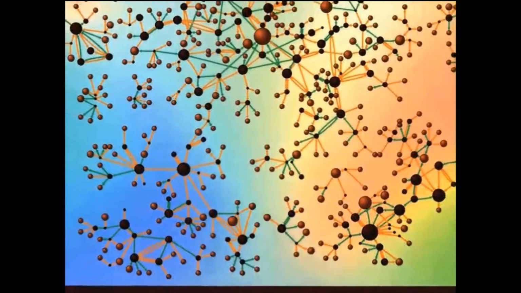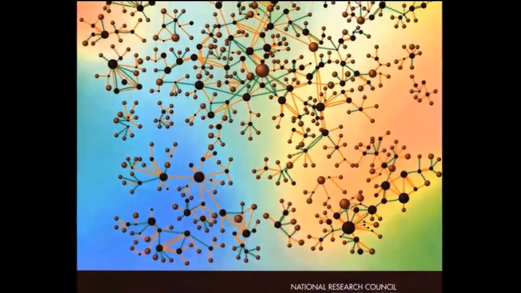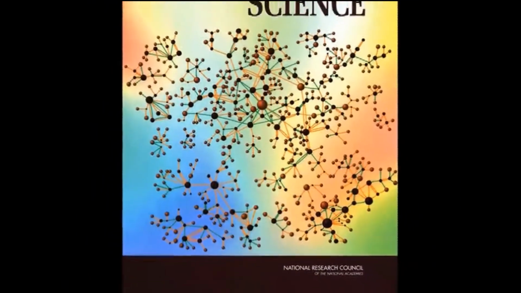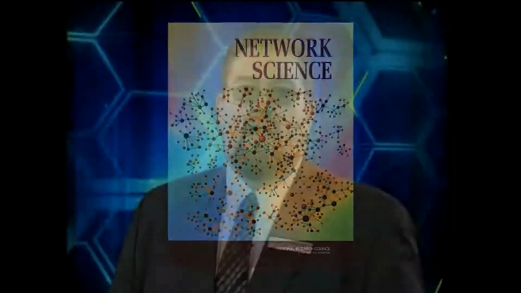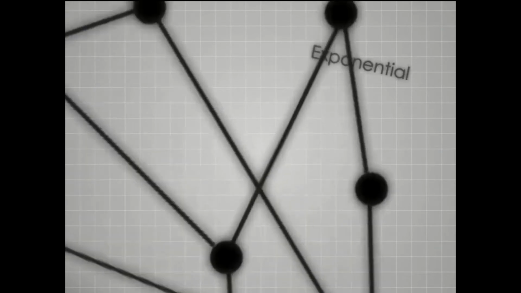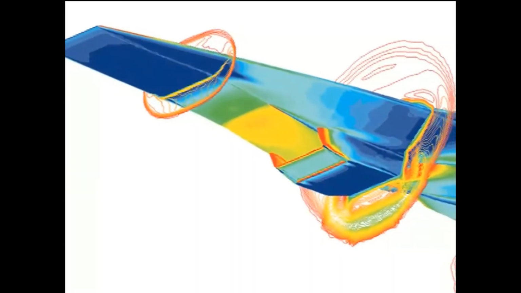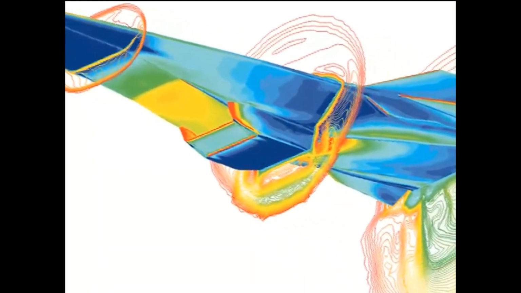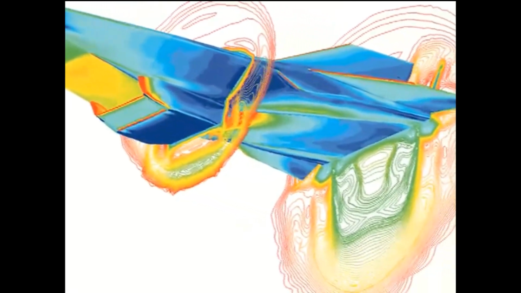In 2005, however, the National Research Council of the National Academy of Sciences noted that no science today offers the fundamental knowledge necessary to design large, complex networks in such a way that their behavior can be predicted prior to building them. As a result, trying to implement network-centric operations as envisioned is like trying to design and build a modern combat jet without resorting to the science of fluid dynamics.